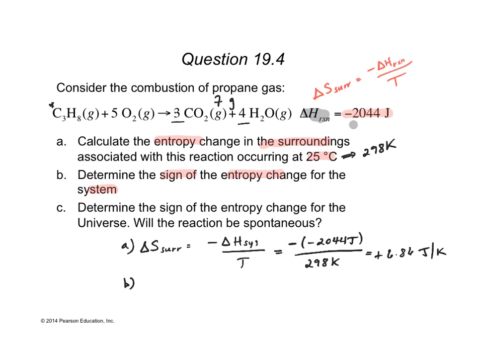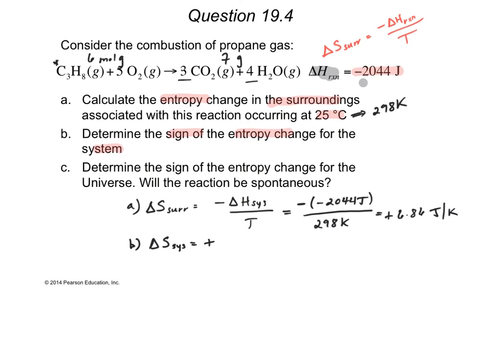What do we have in our reactants? 6, right? So we have 6 moles of gas as reactants. What do you think the sign of delta S is for the system here? Should be positive, right? And we're just looking at the number of moles of gas here. So this is delta S for the system. And we're going to predict that that is going to be a positive value, okay?